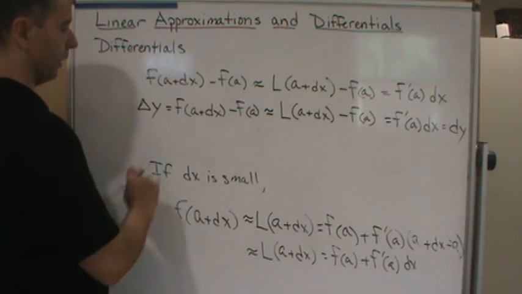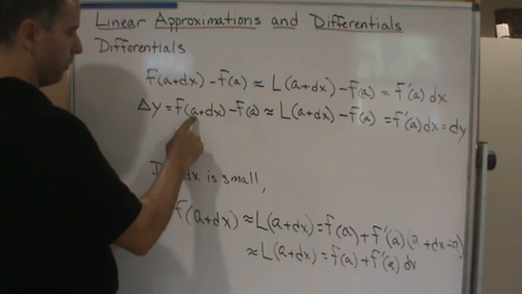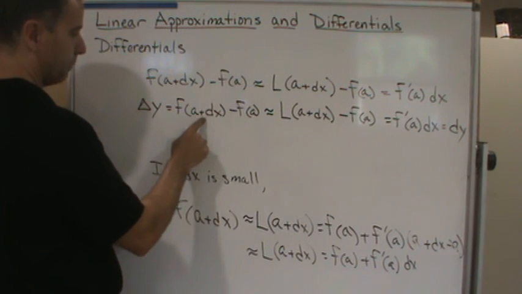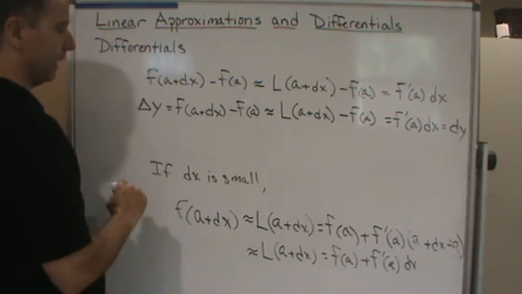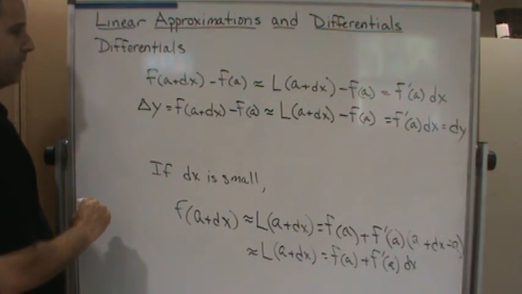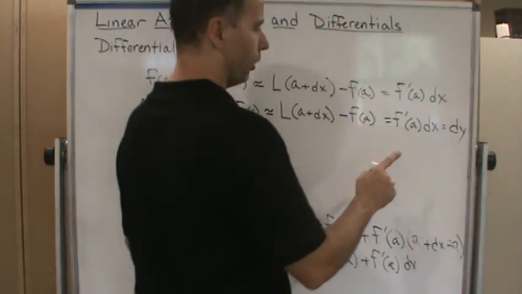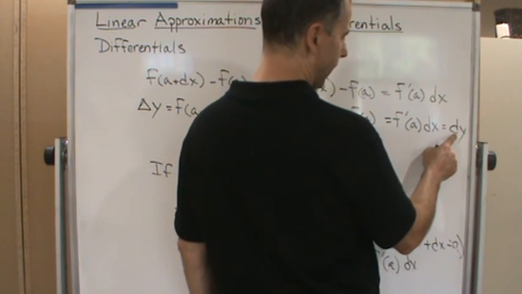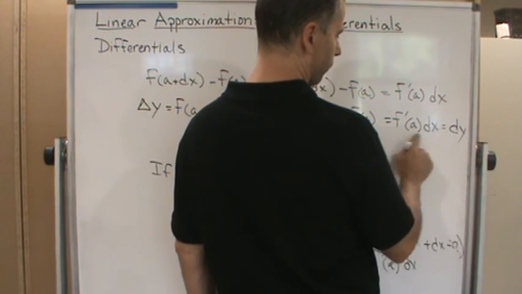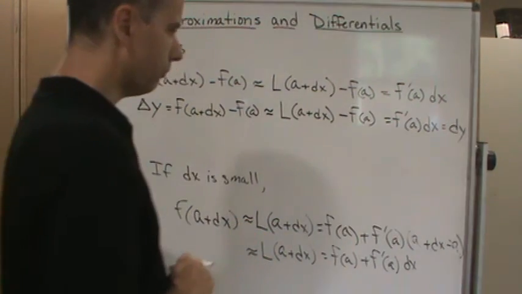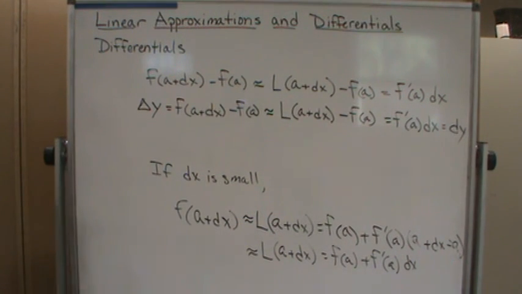And that's what we're saying here. If x goes from a to a plus some small change in x, then we can estimate or calculate dy by using that equation.